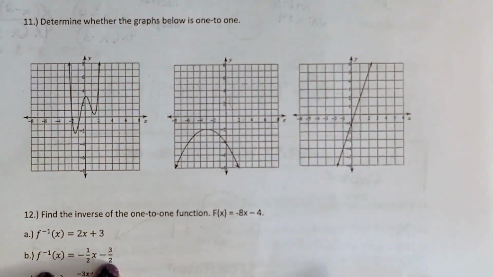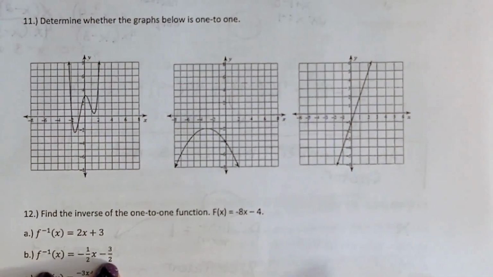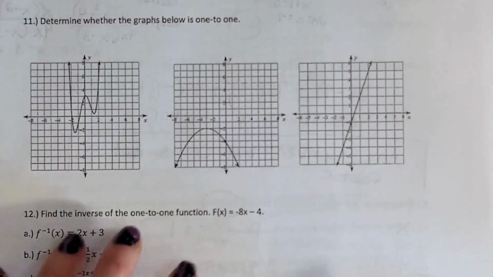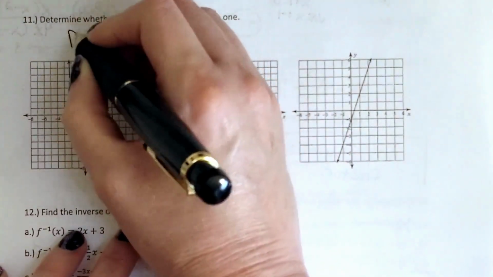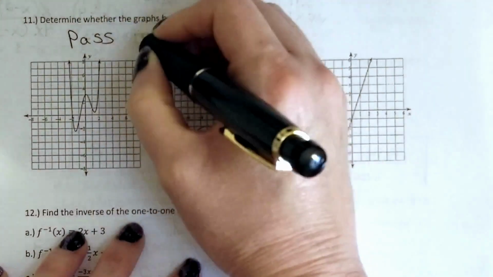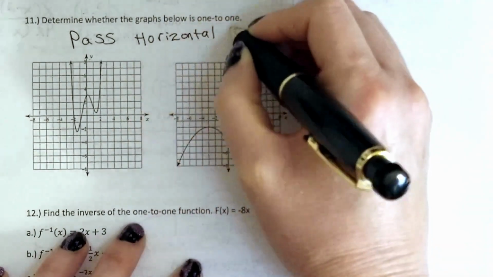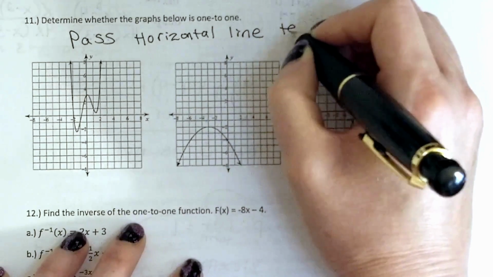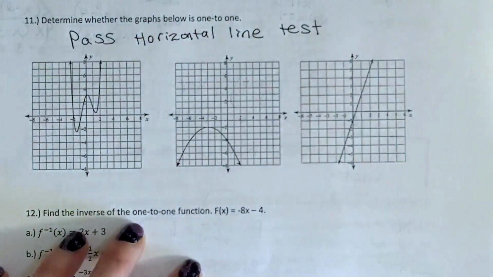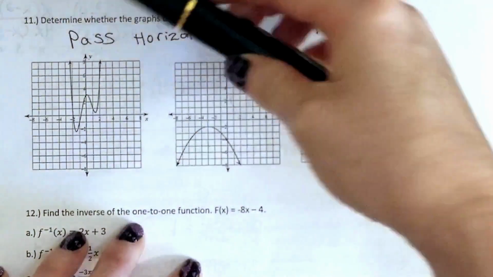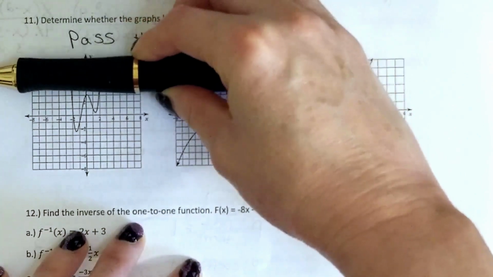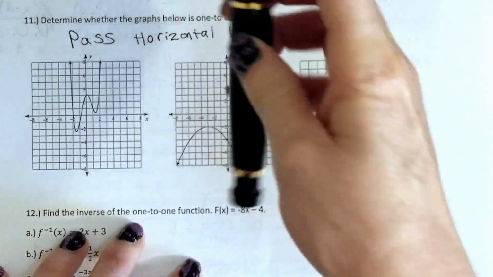Okay, 11. Determine whether the graphs below are one-to-one. So this has to pass a horizontal line test. If you have your pencil going horizontally down, it should only cross the graph one time.